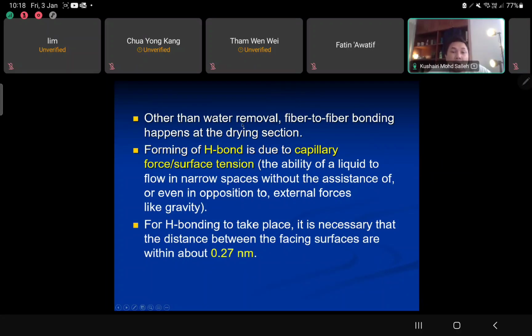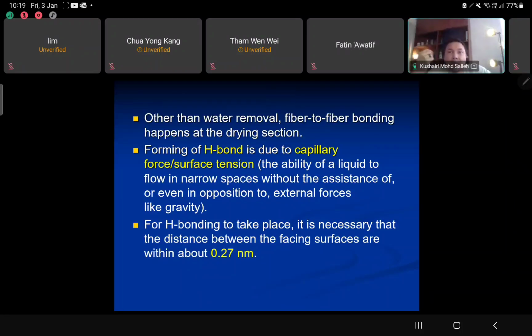So other than water removal, fiber to fiber bonding happens at the drying section. As we remove the water, there is a capillary force and surface tension within the fiber, interfiber or intrafiber.